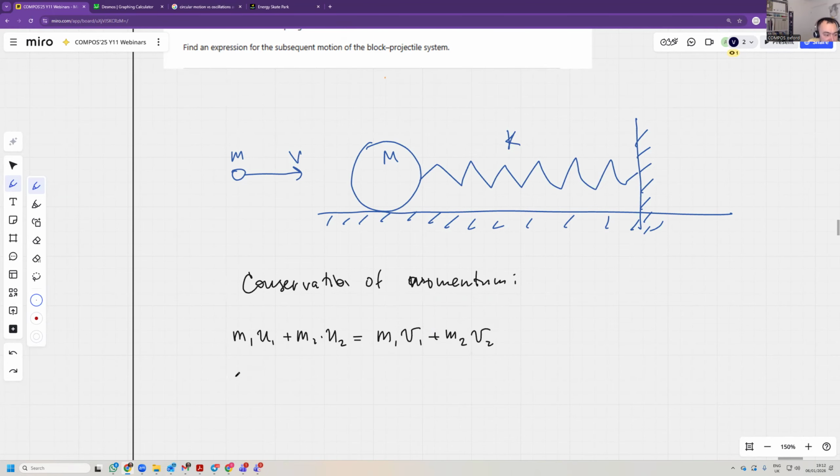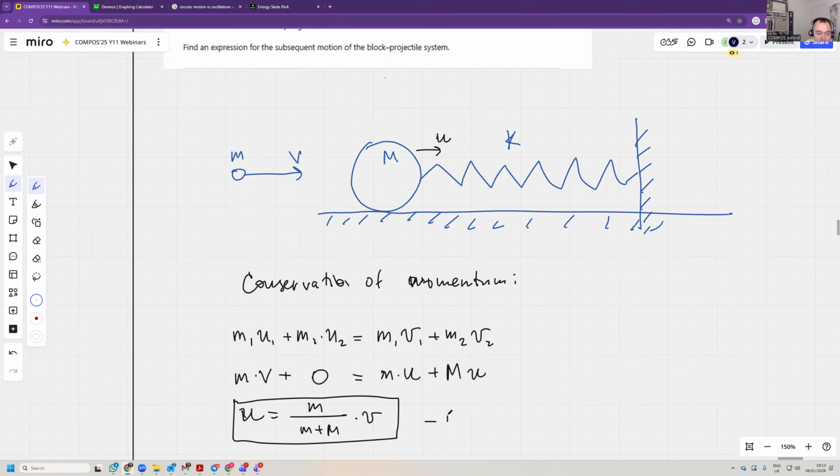And we know that the initial mass m times v plus 0, because that mass is stationary, equals, let's say it's moving with the velocity u after the collision, m times u plus capital M times u. And here we can find u, the velocity, is m divided by m plus M times v.